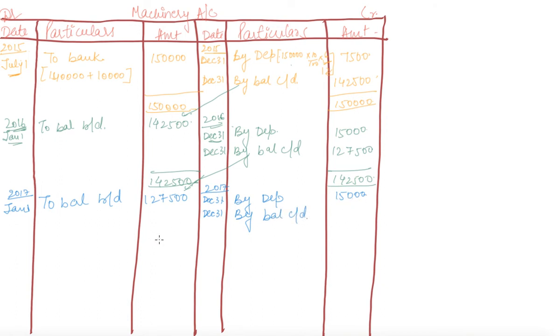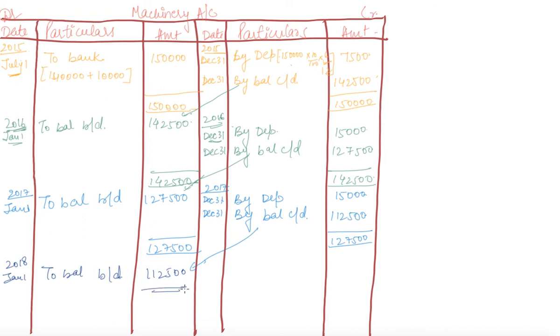For that you are required again to total 1,27,500 and 1,27,500, and the difference is 1,12,500, which will be transferred to the next year as balance b/d on 2018 January 1st.